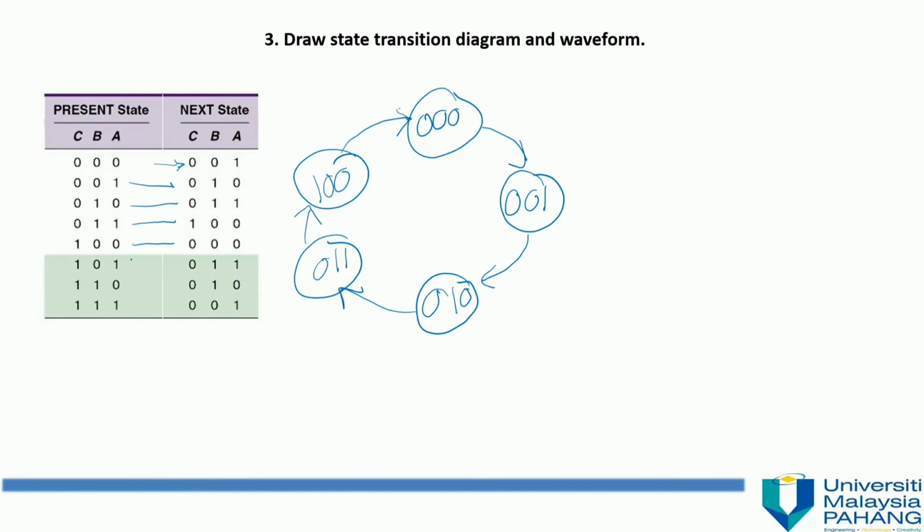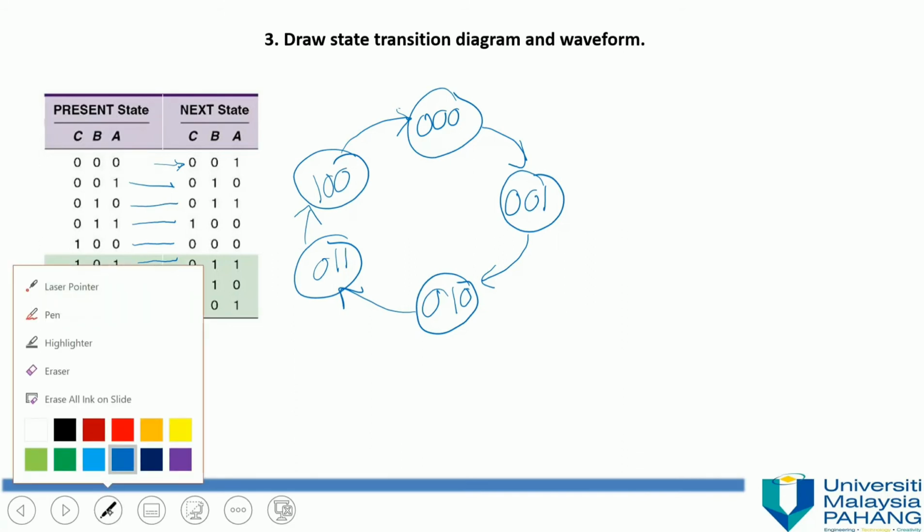When present state is 1, 0, 1, the next state is 0, 1, 1. 0, 1, 1 is here, so we draw. I want to make it different, so I'm using a different color.